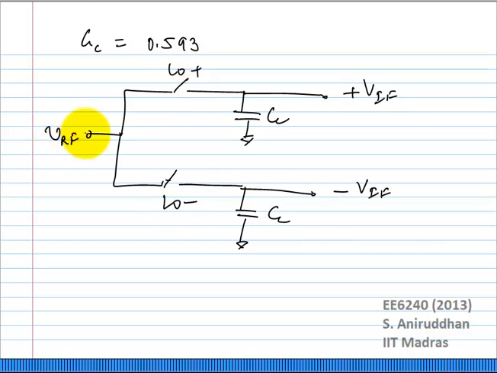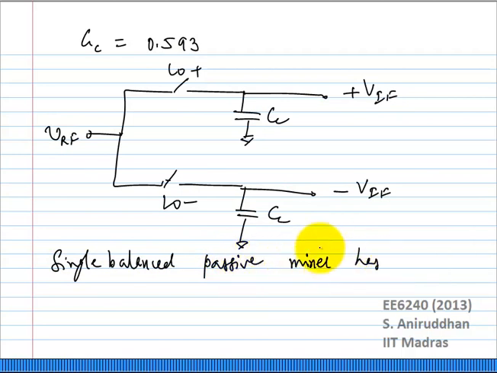Okay, if I create the single balance version of this, it has GC which is twice 0.593, which is approximately 1.48 dB.